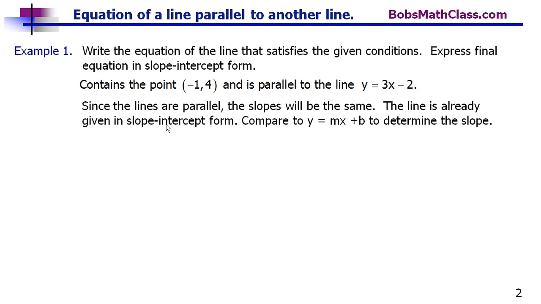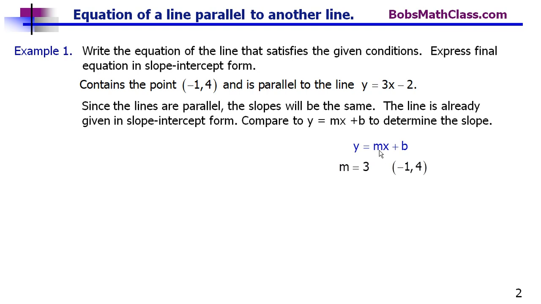The line is already given in slope-intercept form, which it is, y equals 3x minus 2. Y is by itself. So we can compare to y equals mx plus b to determine the slope. So the slope is a number that's in front of x. And we could do that as long as y is by itself. So what is m? Right, m is 3.